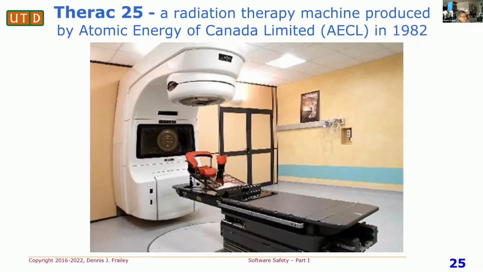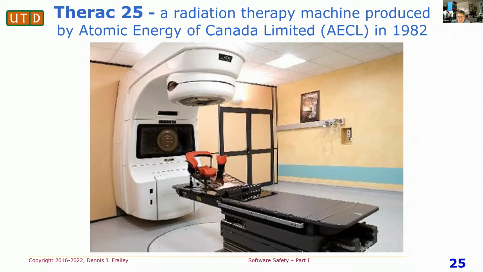Here is an interesting example of what can go wrong. It's the Therac 25, a radiation machine that was developed in the 1980s in Canada. It was computerized, it had software in it and so forth.